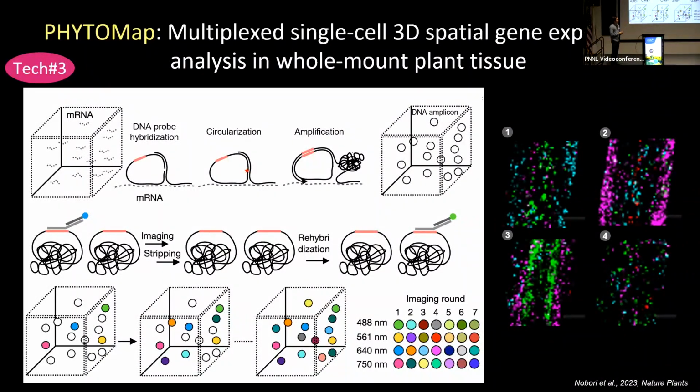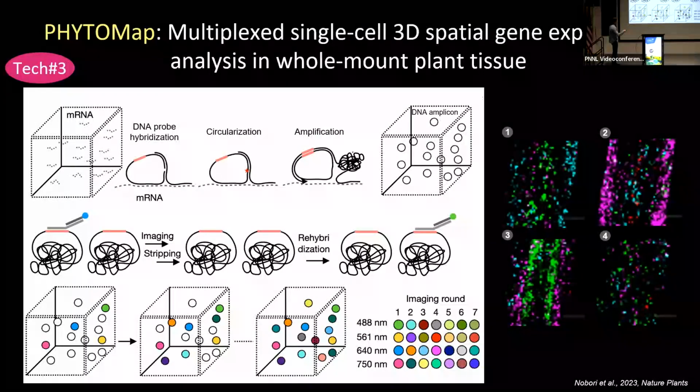And then we perform single molecule FISH targeting gene-specific barcode sequence. And because the barcode sequence has been amplified hundreds of times, it can incorporate a lot of fluorescent probes. And so this will glow really bright. This is important for deep tissue imaging in such a potentially autofluorescent plant tissue. And in each imaging round, you can detect 4 different target genes, which is shown here.